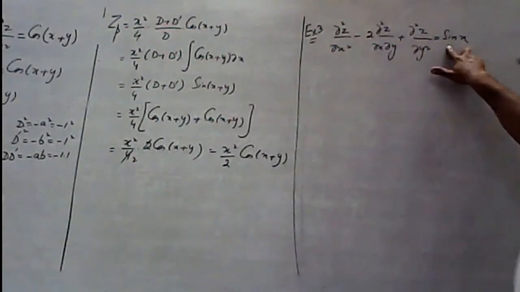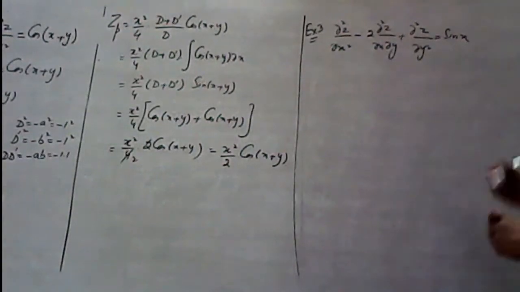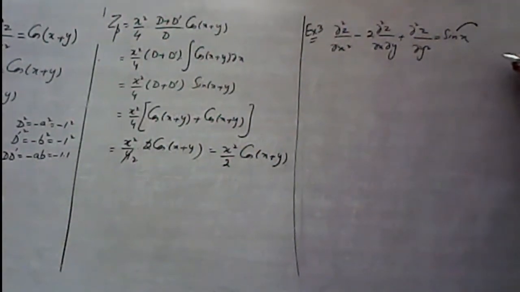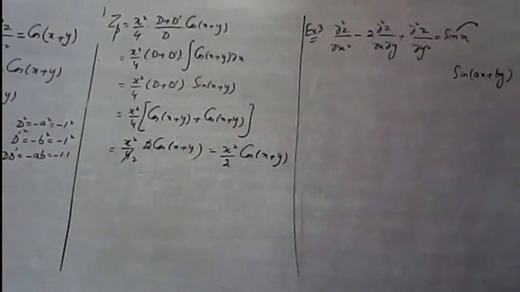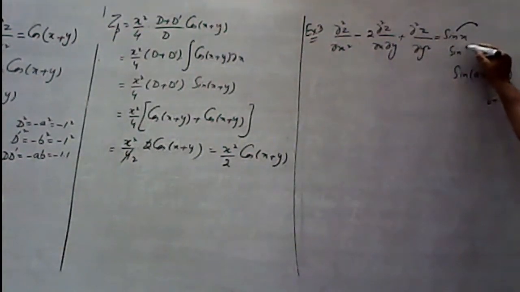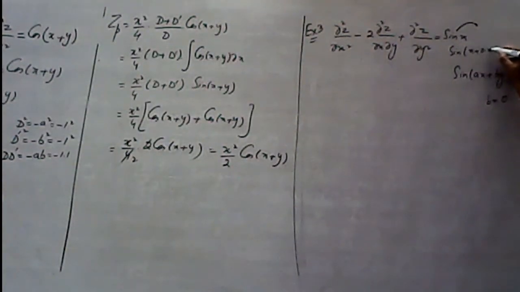The major difference is how you will compare this angle with the general angle. So remember, if you do not have the value of y in the angle, it means b is equal to 0, because we can write this as sine x plus 0y.